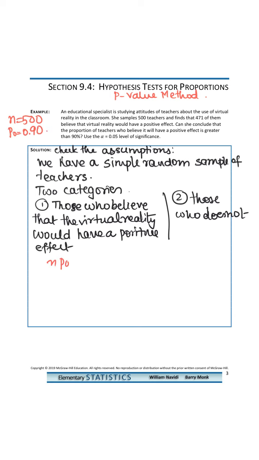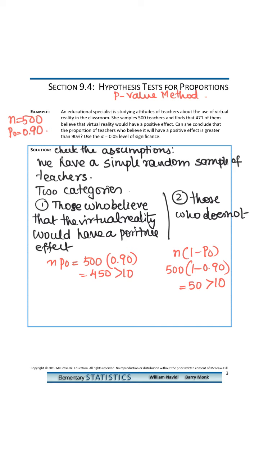So N times P naught is 500 times 0.90, which is 450, which is greater than 10. And N times 1 minus P naught, that is 500 times 1 minus 0.90, which is equal to 50, which is also greater than 10. So the assumptions are satisfied.